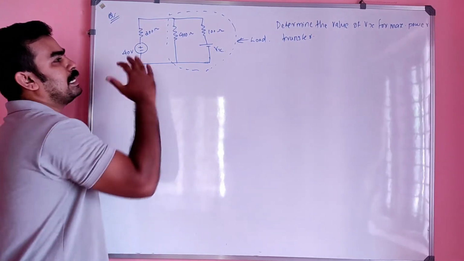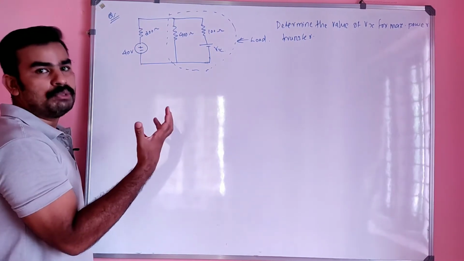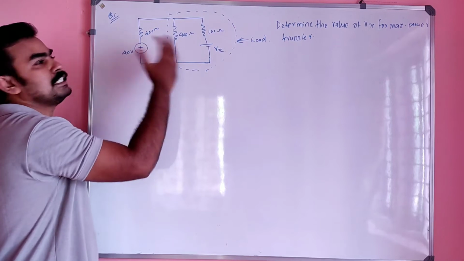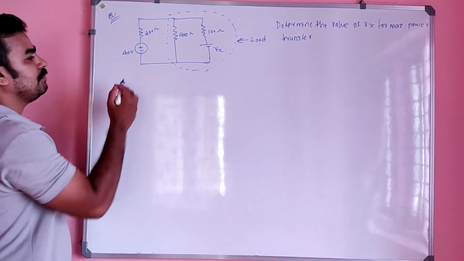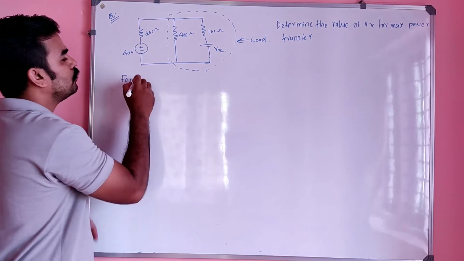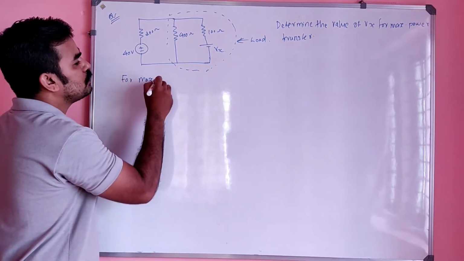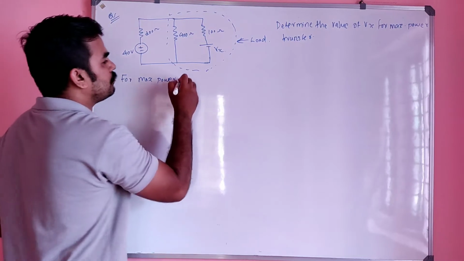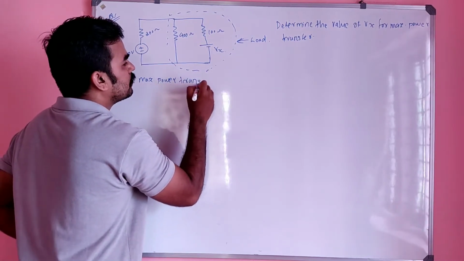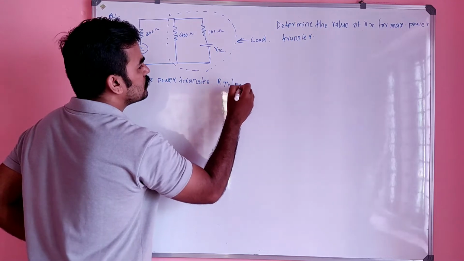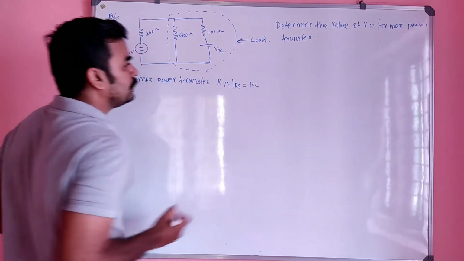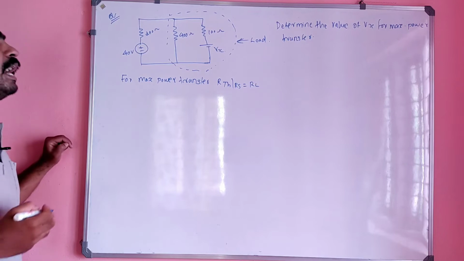For maximum power transfer, I already told you that R Thevenin or RS will be equal to RL.